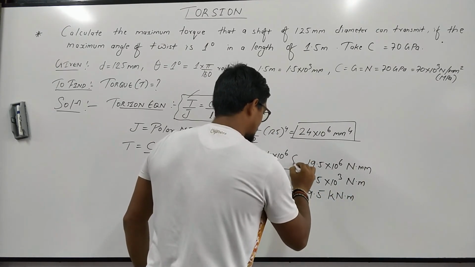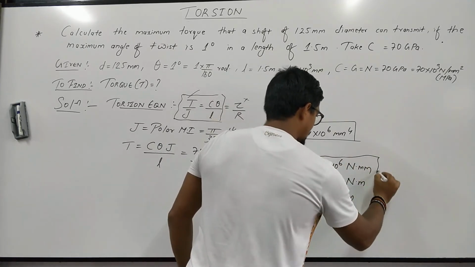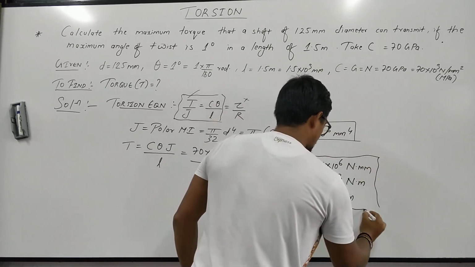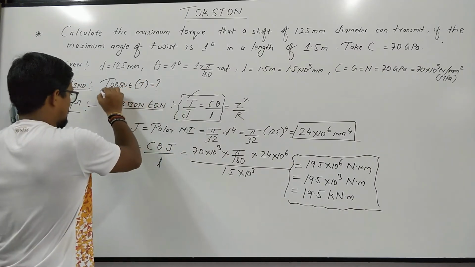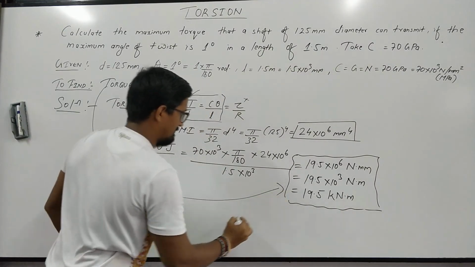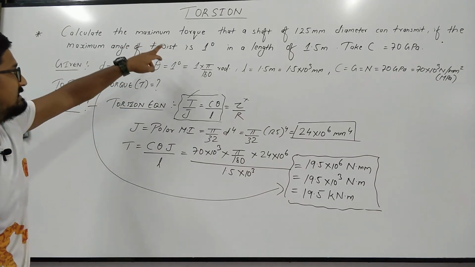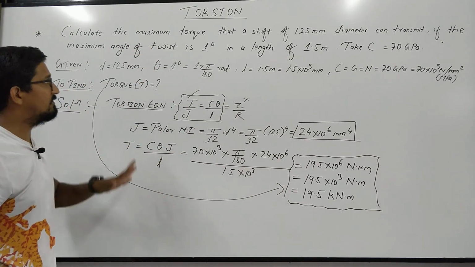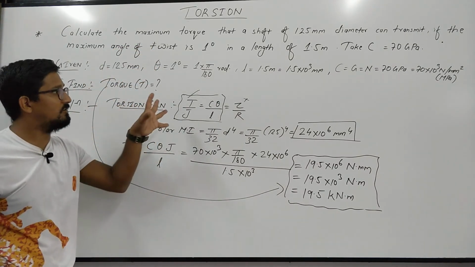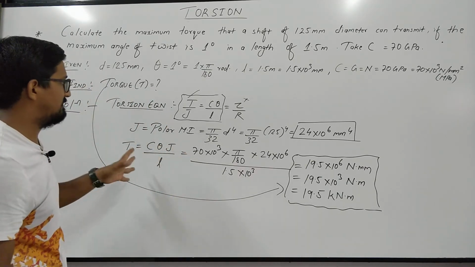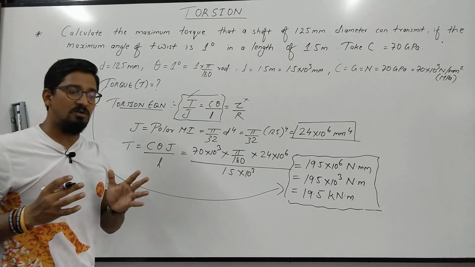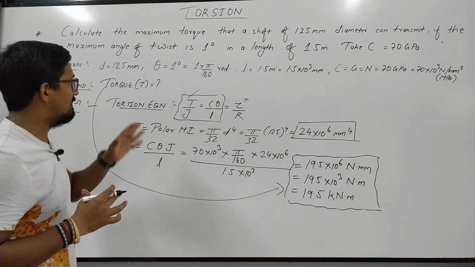So this is our final answer, the torque transmitted by the shaft. This is the basic problem of torsion. In this way, by using the torsion equation, we can calculate the torque transmitted by the shaft. We just have to take care of the units.